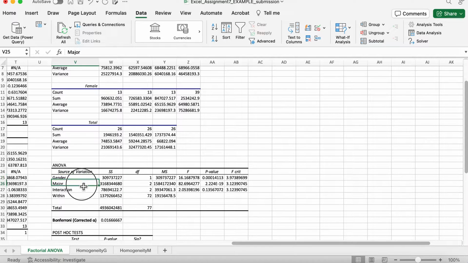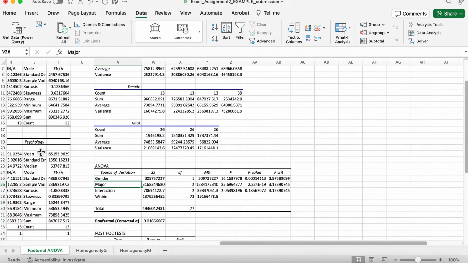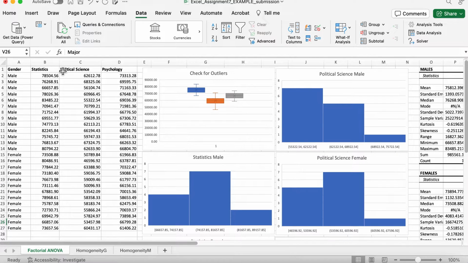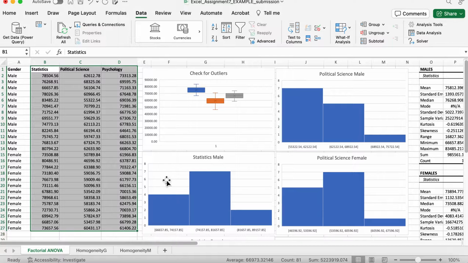You can know which one's which if you think, first of all, the columns are where the dependent variable is, and that is the major, right?